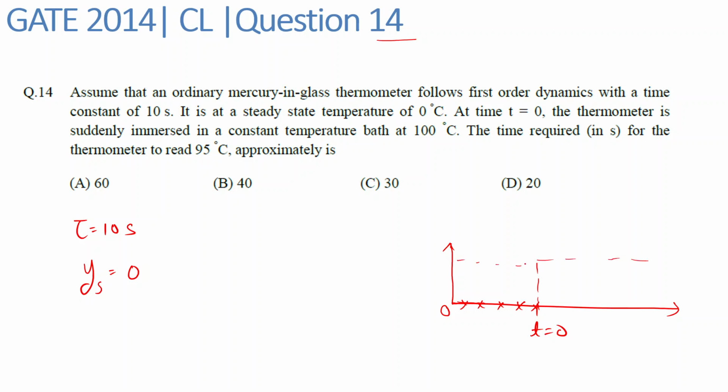So over here the temperature is 100 degrees Celsius, and the temperature measured by the thermometer will follow such a path corresponding to the first order system, and we have to find out how much time is required for the temperature to reach 95 degrees Celsius. So over here the temperature is 95 degrees Celsius and we have to find the time taken.